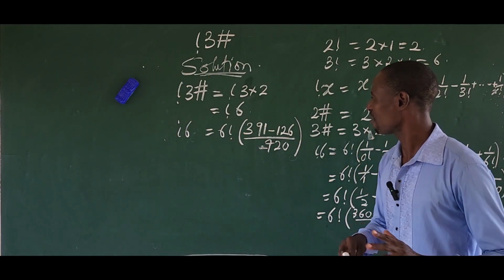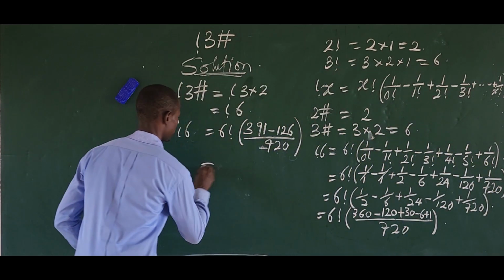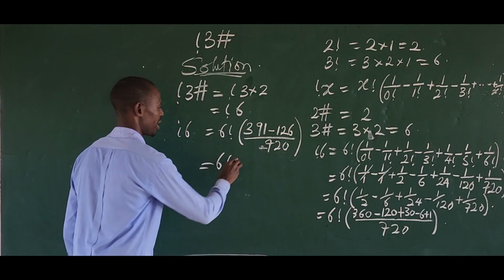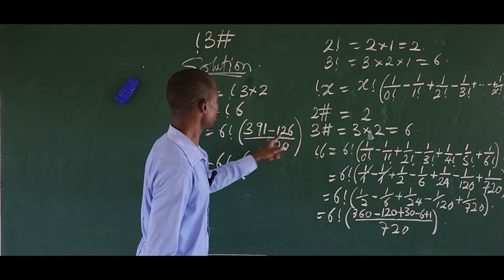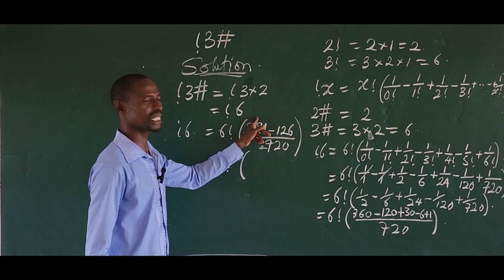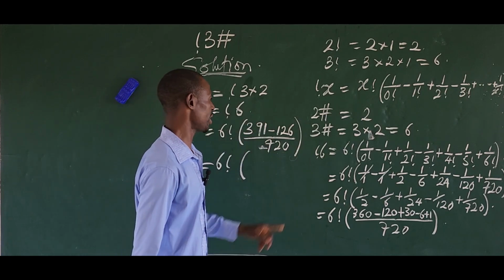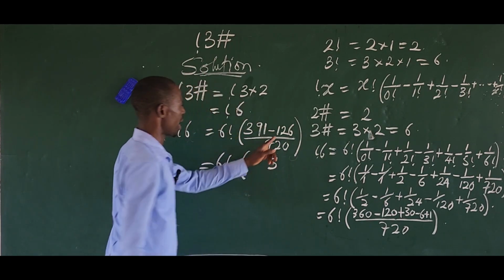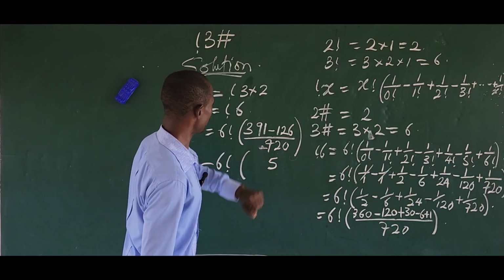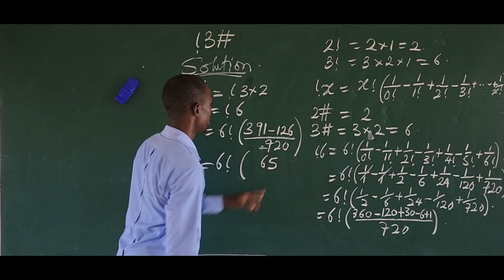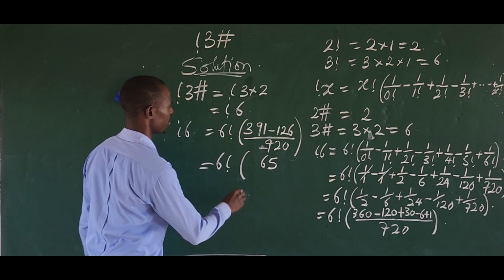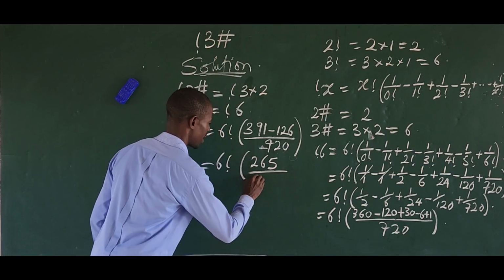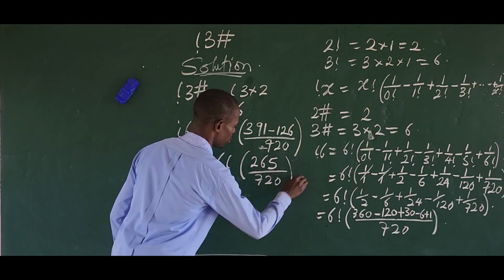All right, so we forge ahead again. We have to subtract, so we're going to have 6 factorial, the bracket. If we take 6 from 1, we cannot, so we borrow 1 from here, here gives us 8, and here we have 11. So 6 from 11 gives us 5. Then 2 from 8 gives us 6. And here we have 1 from 3, which gives us 2. Then all over our 720, close bracket.